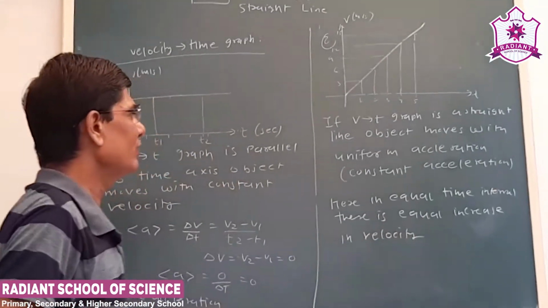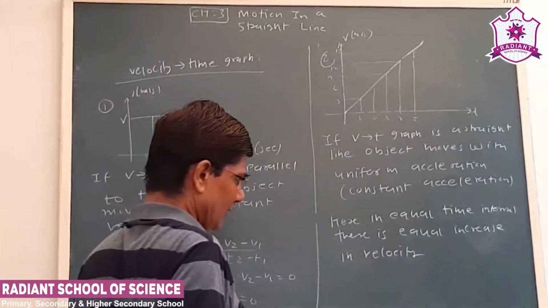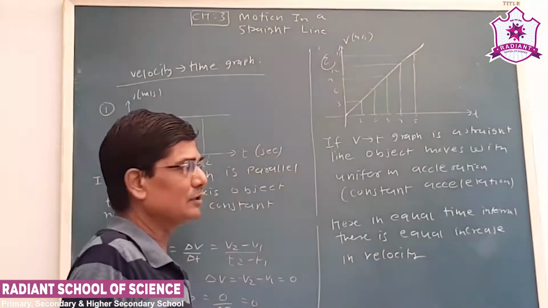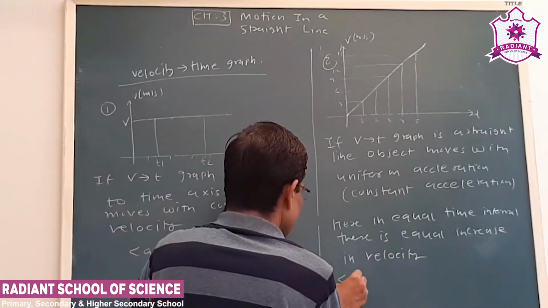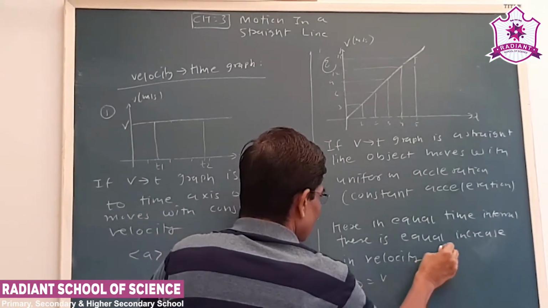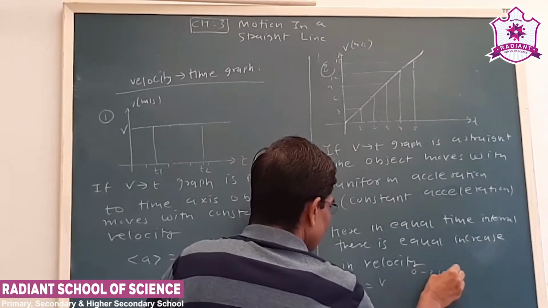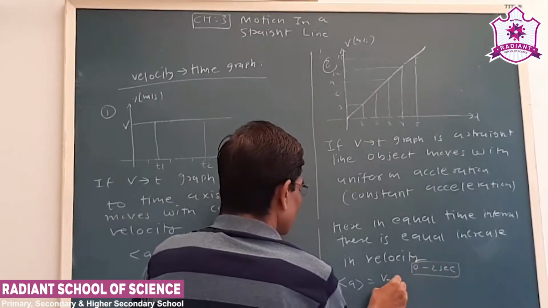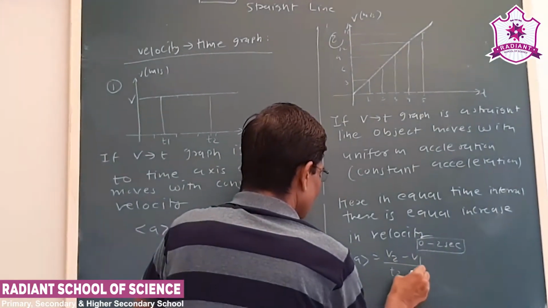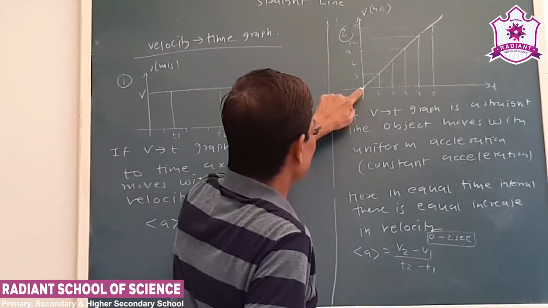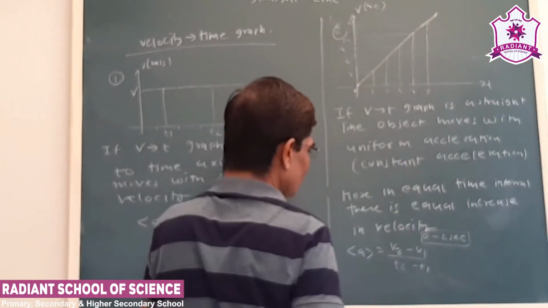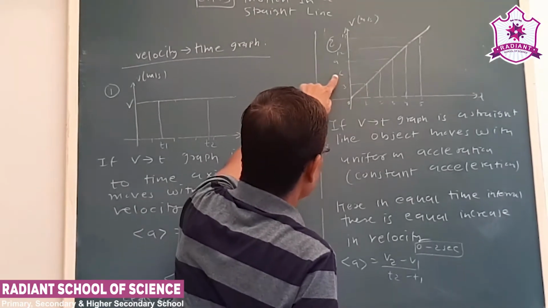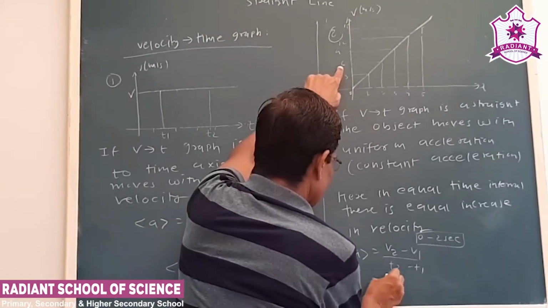Now let us say we find out the acceleration in the time interval 0 to 2 seconds. That is the average acceleration in 0 to 2 seconds. Let us say the first example is this. So it will be v2 minus v1 upon t2 minus t1. So what we see, at time 0, velocity is 0, and at time 2 seconds, velocity is 6.